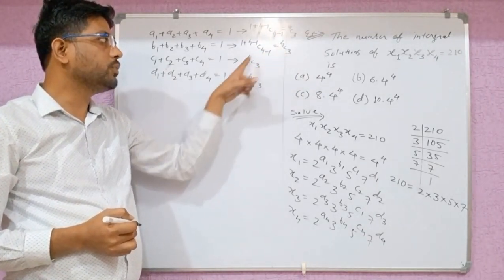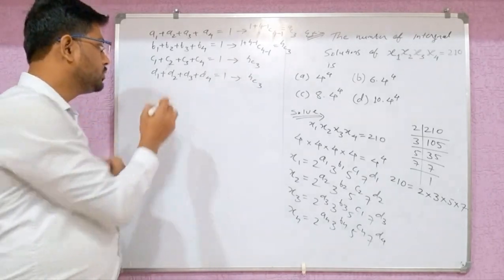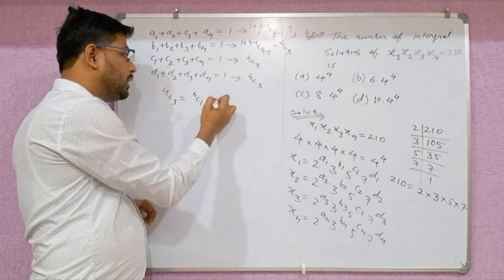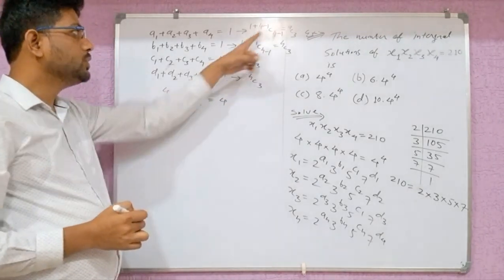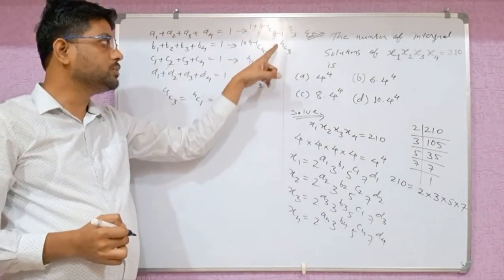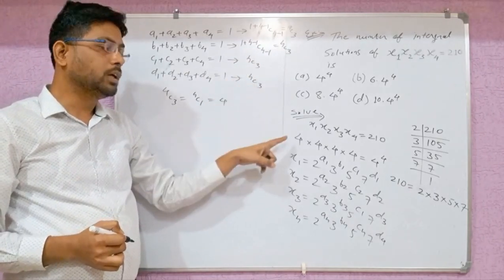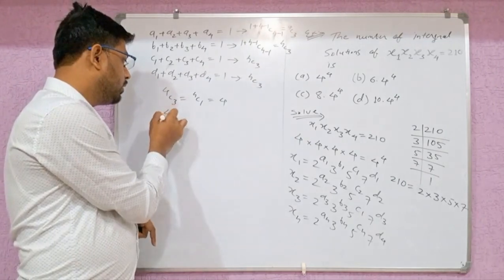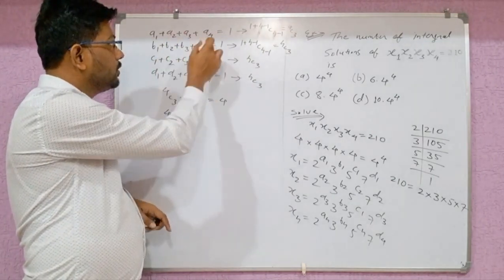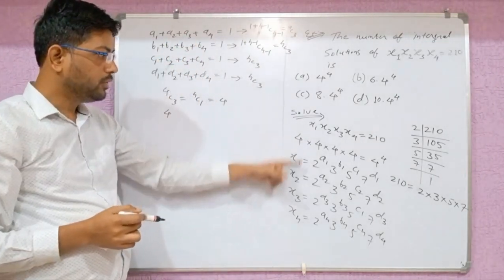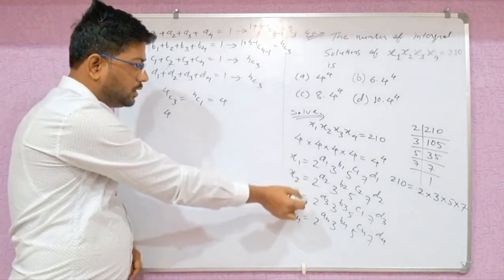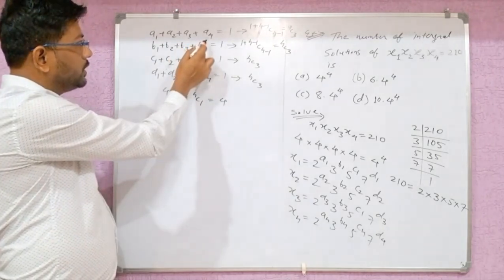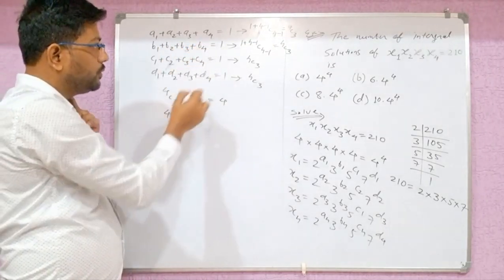So the solution of each of these will be 4. That I have also written here directly. So from here also I will get 4 for the values of a1, a2, a3, a4. The solution of this equation will be 4.